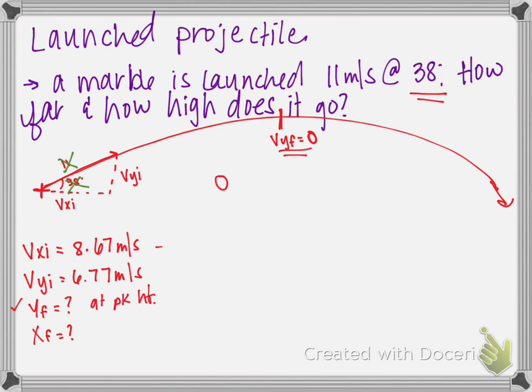So my third equation would be VF squared equals VYI squared plus 2 A Y final. Again, there's a couple different ways you could solve for YF. You don't have to try to memorize this exact path, but it's an option.